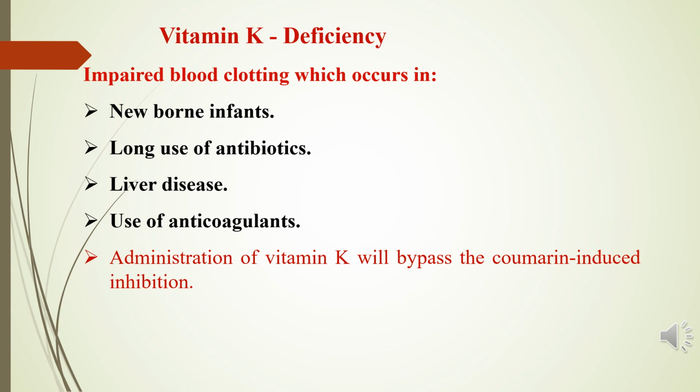Also cases of persons who use antibiotics or the long use of antibiotics, which kills bacterial flora in the intestine. This is also associated with biotin deficiency, which is one of the B vitamins. Also liver disease.